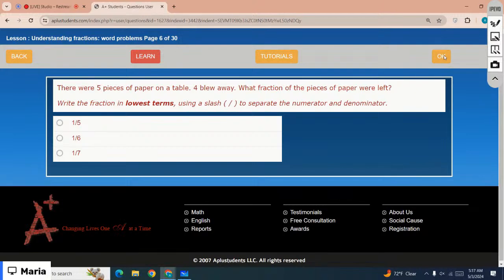There were 5 pieces of paper on a table. 4 blew away. What fraction of the pieces of paper were left? Which is the correct option?